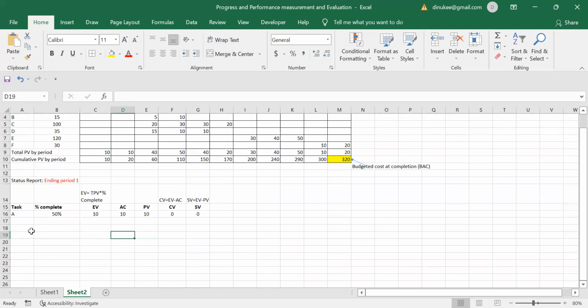So I will take the cumulative total here. In this status report ending period 1, there is only one task given, but when we are going for the other periods, if we are going for the third period, likewise you will be getting several tasks.